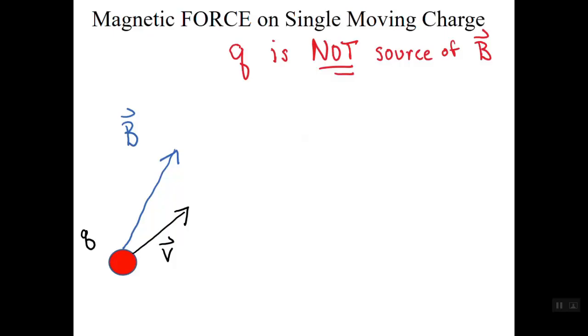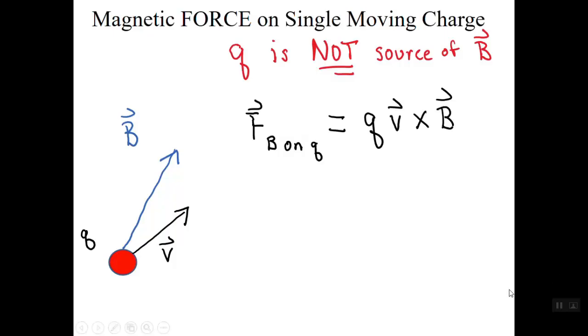That other source is producing a B field at the location of charge Q. And as a result, there is a magnetic force on Q described by this relation. Q times vector V cross vector B.